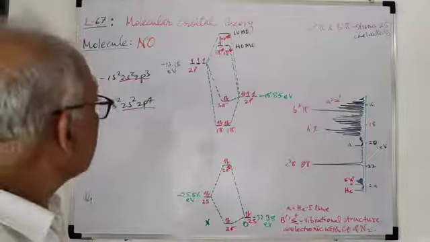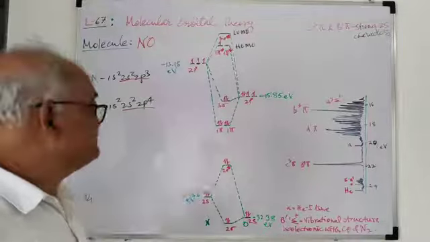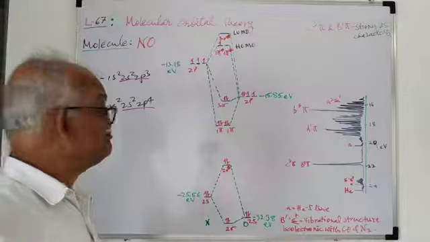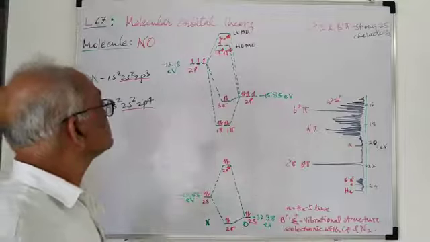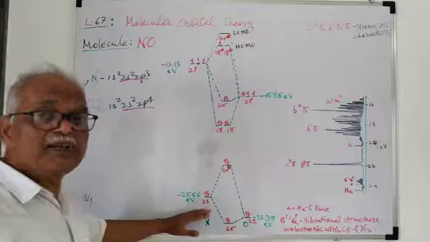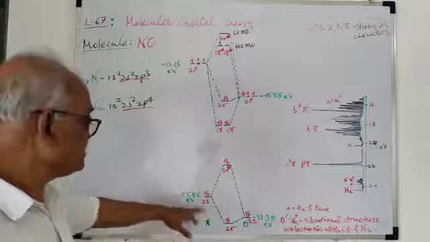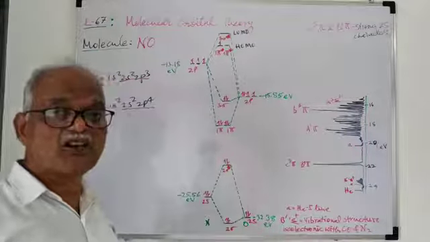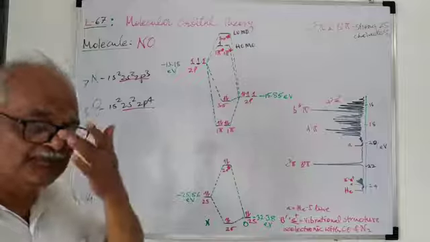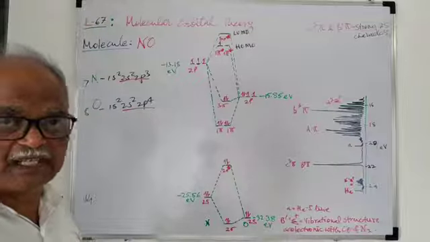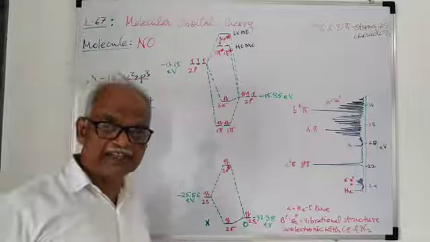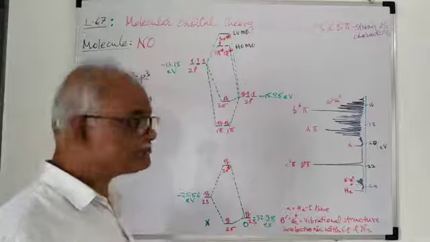This molecular orbital diagram is constructed by using only the valence shell of nitrogen and oxygen. We are not taking here the inner shells like 1s of both atoms.